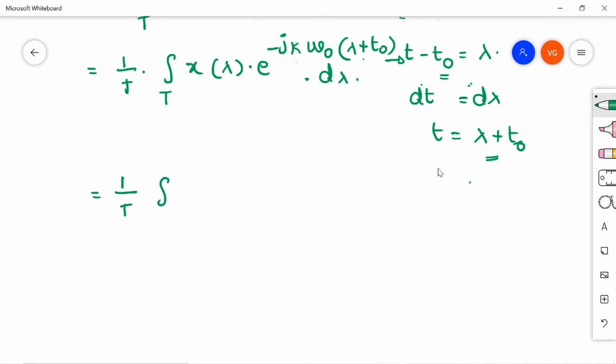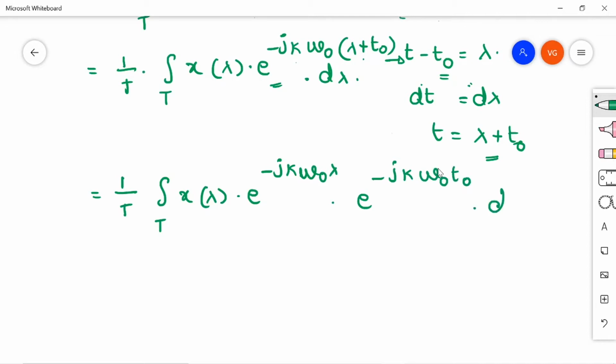Now we can simplify this. 1 by T integral T x of lambda. So I am just splitting this one, e power minus jk omega naught lambda and e power minus jk omega naught t naught d lambda, right?